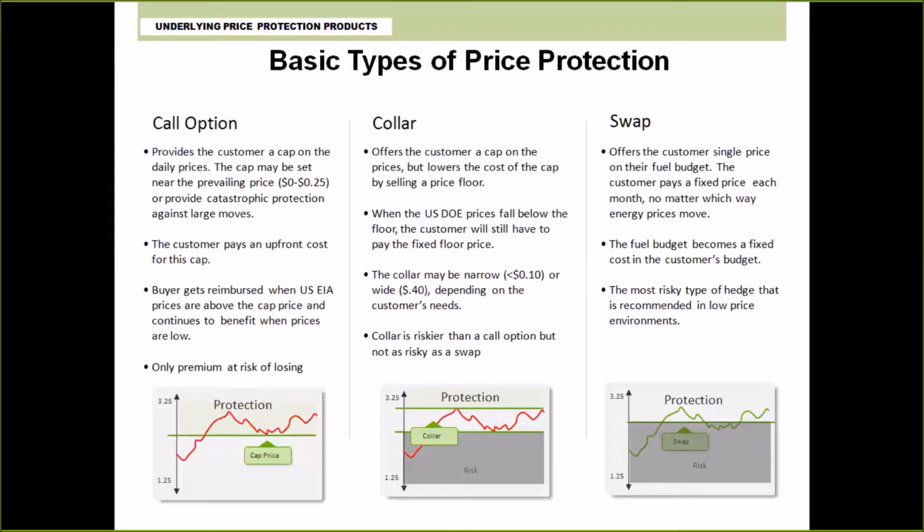Now, what happens? Above $250, you receive a payout. Below $250, but above $2, nothing happens. There's no payout made either way. However, below $2, and this is where the structure is different, you are now obligated to make a payout to the underwriter.